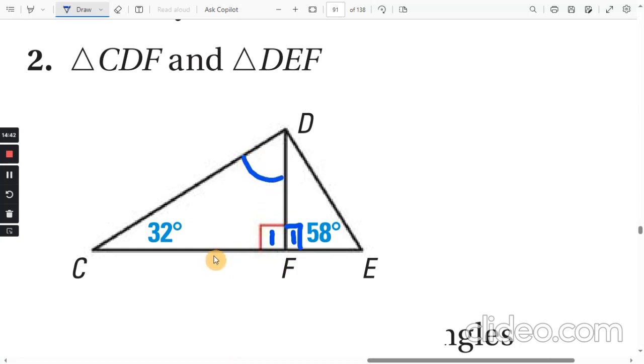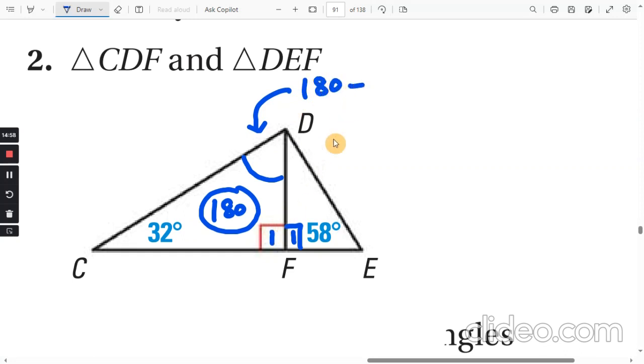Inside of a triangle, it adds up to 180. So this one here, that's going to be 180 minus 90 minus 32.